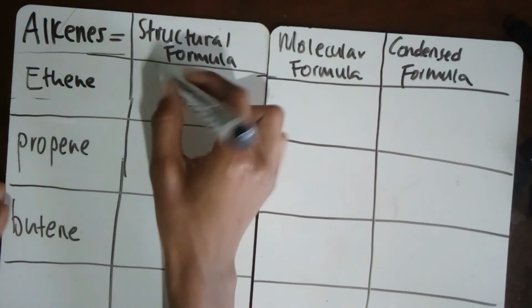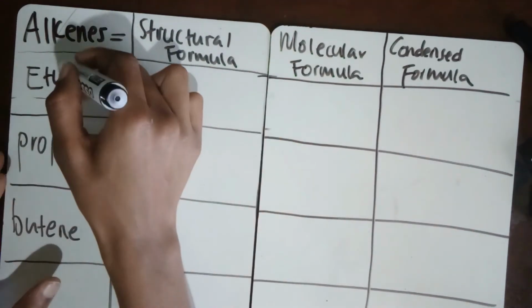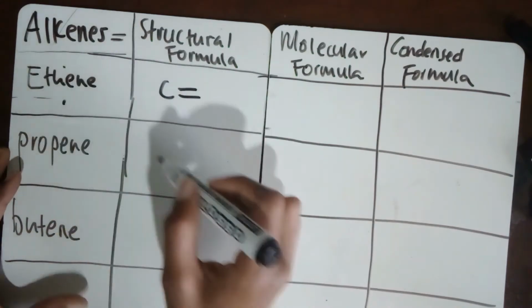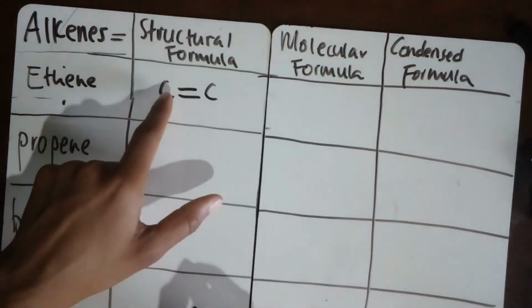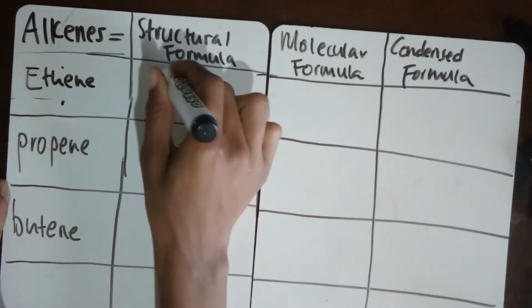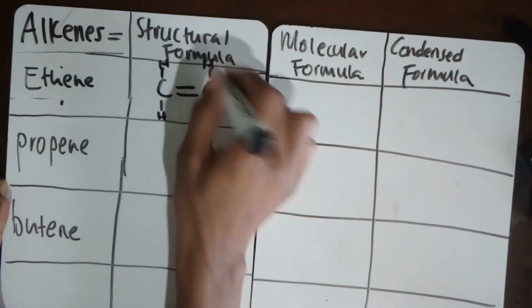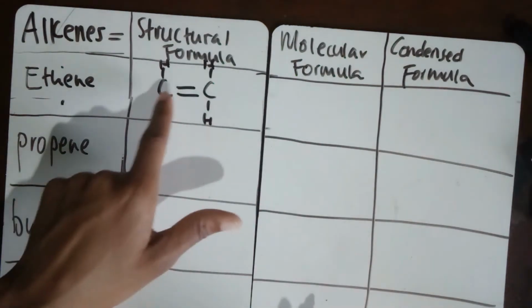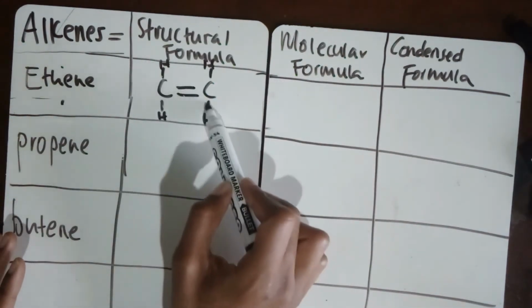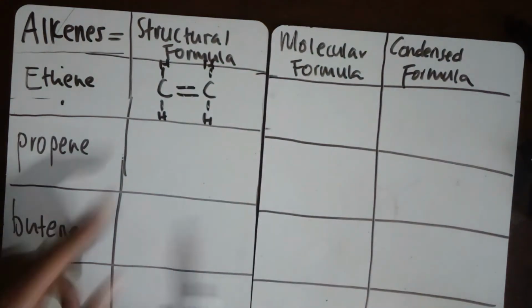Because of this prefix eth, we know it has two carbons. So we'll have two carbons with a double bond between them, and then we draw the hydrogen atoms. Remember carbon bonds 4 times, so you have to count the number of bonds. It's 1, 2, 3, 4 for each atom. So it would actually look like this.